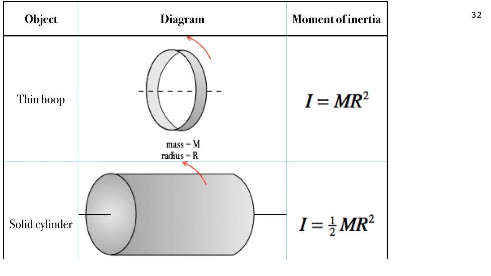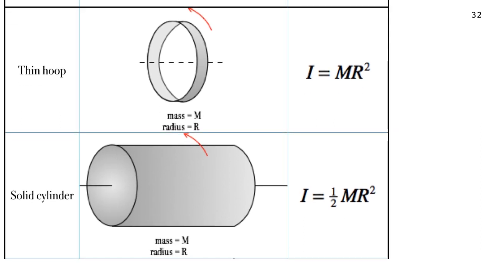Now, down here for a solid cylinder, completely different. It still has an mr squared in it. Go ahead and write this one down. The mass of the cylinder times r squared, the radius of the cylinder, and a factor of 1/2 out in front.